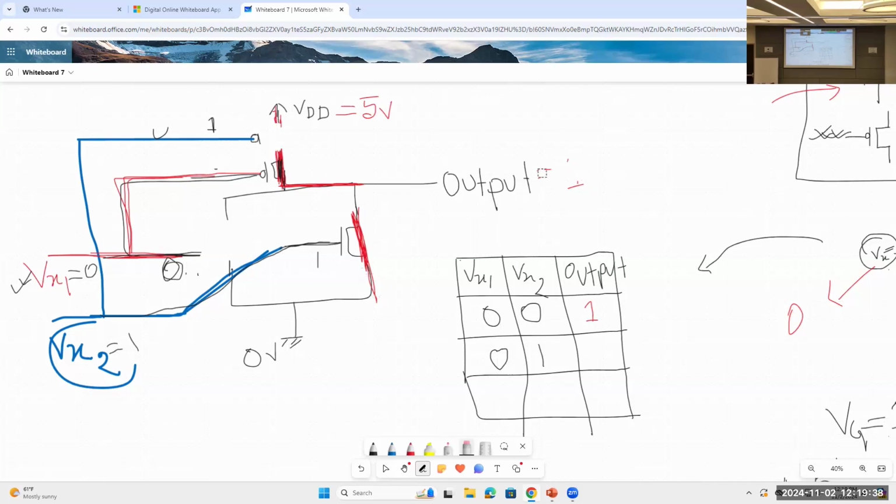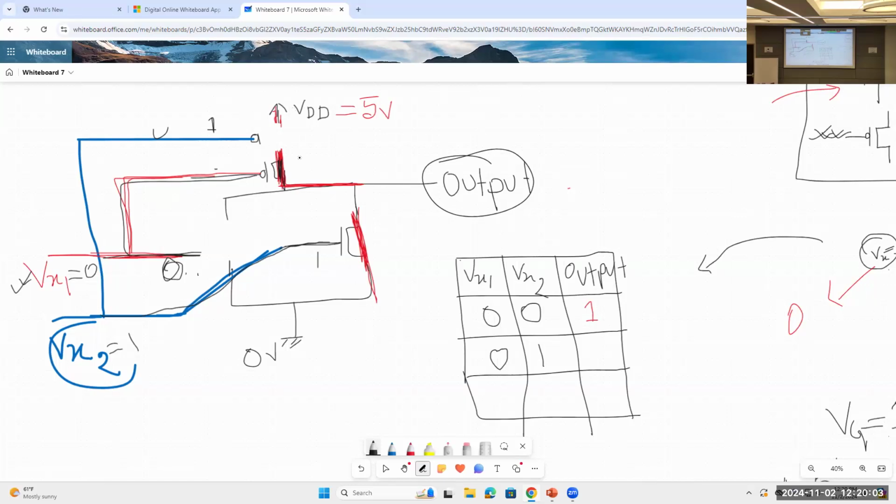So here, what will be the output? I mean, the output is connected to what? VDD is not connected, right? But we have to analyze what the output is connected to, VDD or 0? 0.